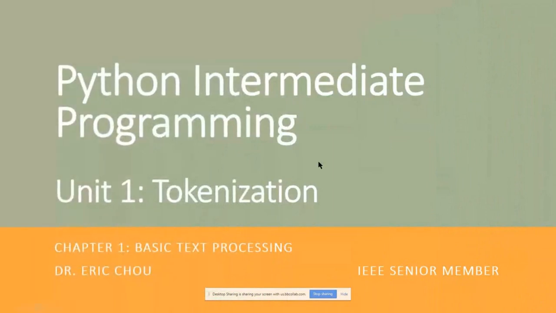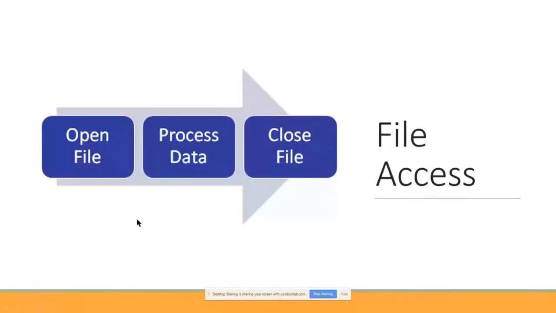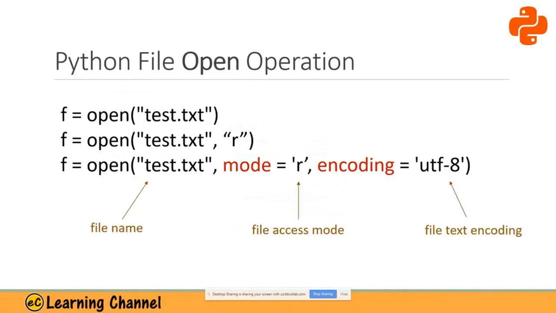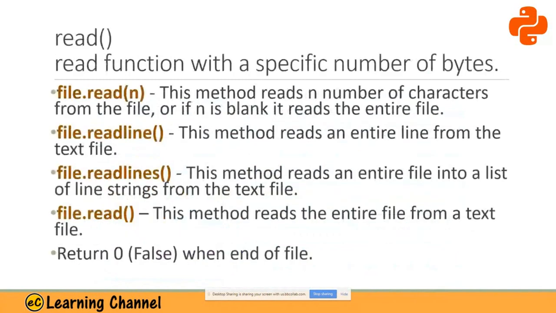So basically, this year I would have 3 extra sessions. I may do that in the first 4 or 5 weeks to cover this. The first one is tokenization, how you can read in a file and then generate tokens using the Python language.